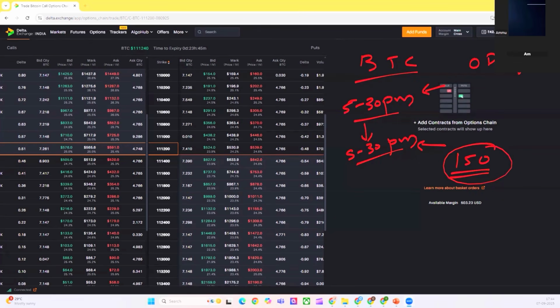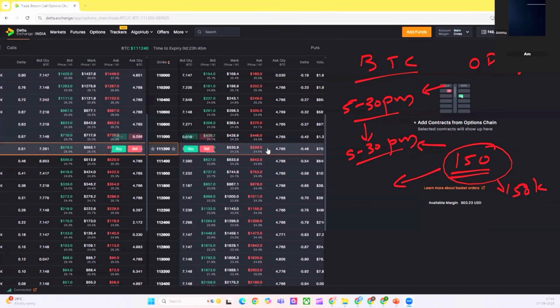But I will show you here Bitcoin at the money. I'm talking about the at the money premium as 150. Nifty will be even much lesser. Bank Nifty is trading at 50k, right? So look at this, 150 is what we normally see on expiry day.